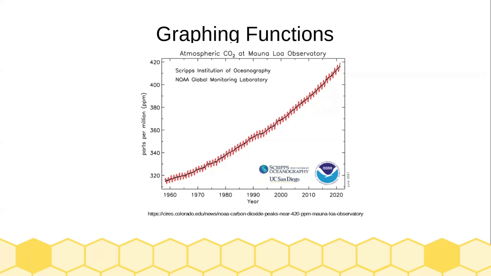What you will notice here is that it goes up and down kind of like a sawtooth pattern. For each year, it will go up and then it will go down, and it will go up and it will go down. So why is this?